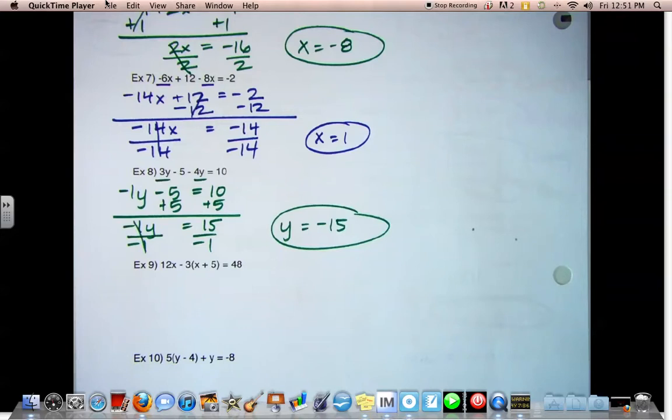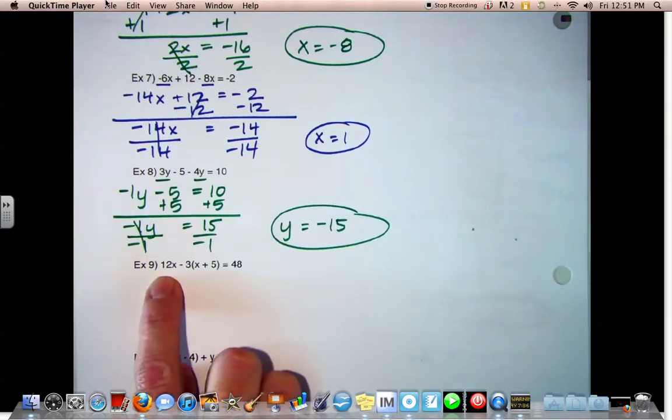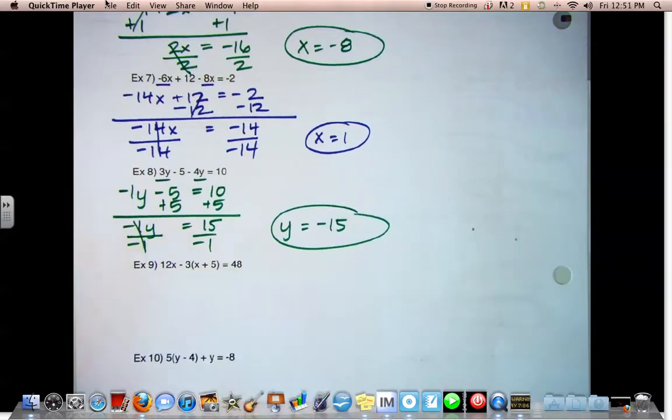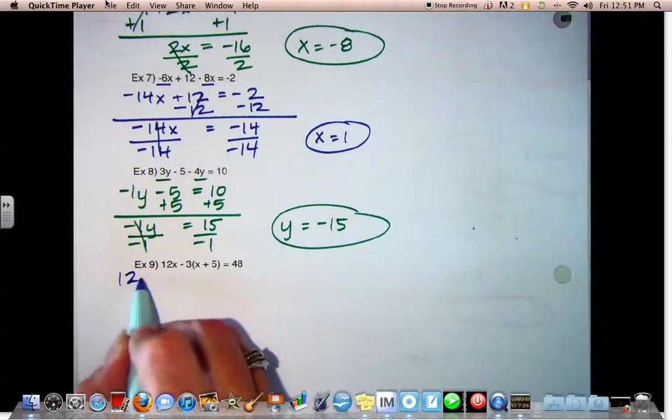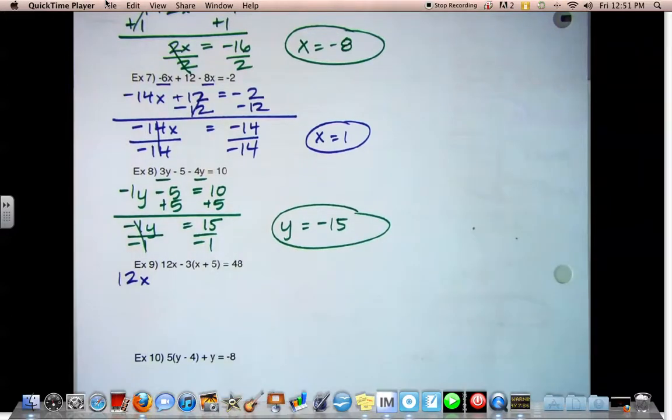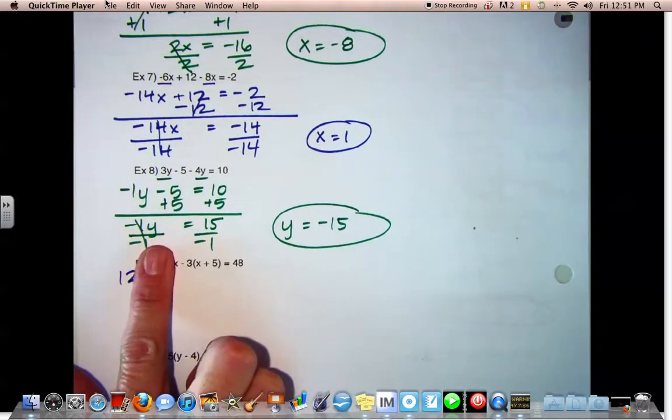Example 9. What do we have that's different here? Parentheses. So we have to do that D word, distribute. Is the 12x involved in the distributing? No. So bring the 12x down. And then 3 times x. What's in front of the 3?